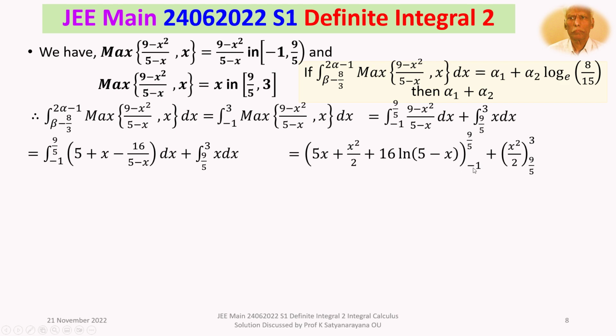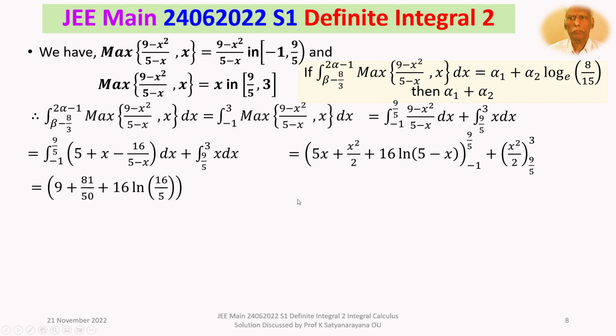And it is to be evaluated between the limits minus 1 to 9 by 5. The integral of x dx is x square by 2, to be evaluated between 9 by 5 to 3. So for the upper limit 9 by 5, the value of this is this one. Yes, 5 into x, with x as 9 by 5, is 9, and x square is (9 by 5) whole square, that is 81 by 25, by 2, that is 81 by 50, plus 16 logarithm of (5 minus 9 by 5), which is 16 by 5.